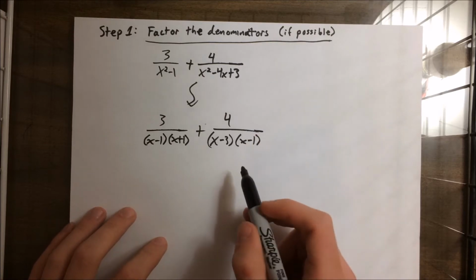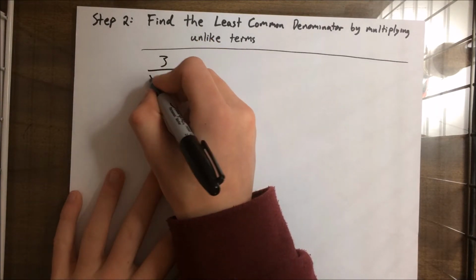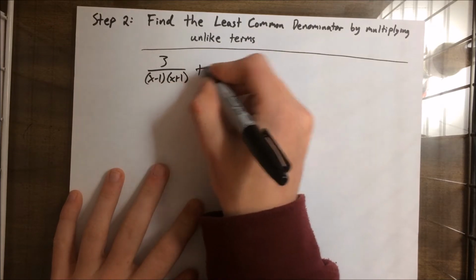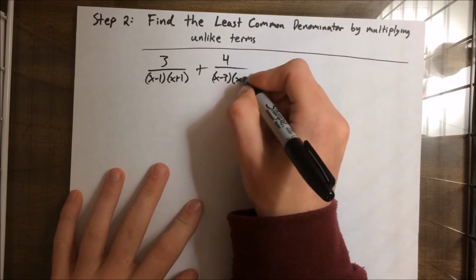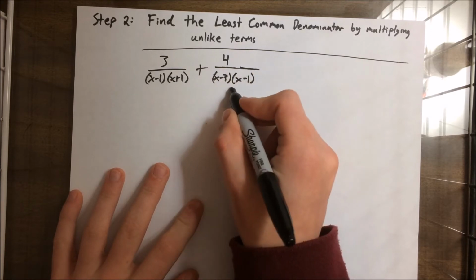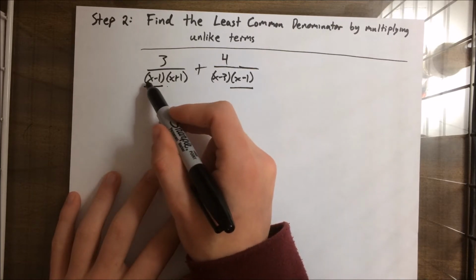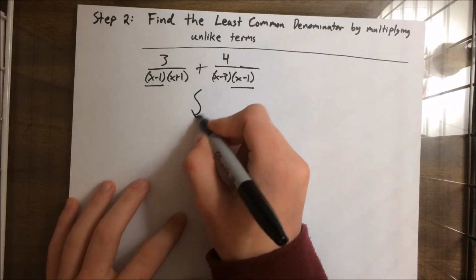Okay, so in the second step, we take the 3 over x minus 1 times x plus 1, plus 4 over x minus 3 times x minus 1, and we notice that there's a like term, so we don't need to account for that like term when we multiply.